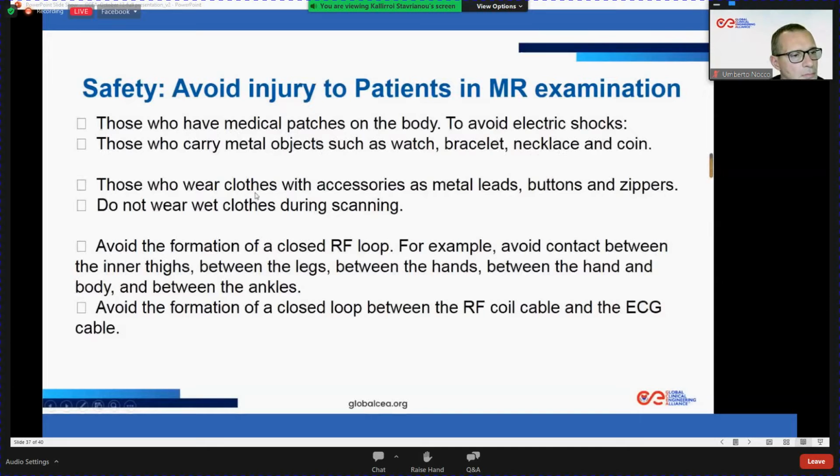Also, in the examination, avoid the formation of closed loops, for example between the coil cable and the ECG cable. It may cause injury to the patient.